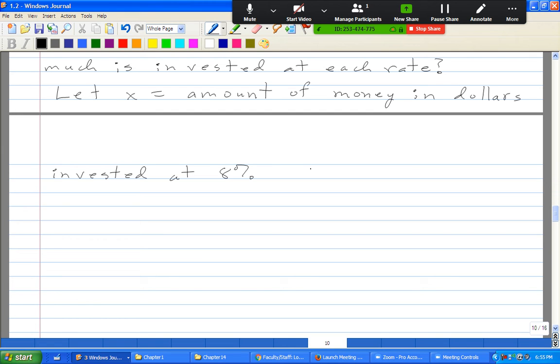Okay, so then we have that the amount invested at 9.5%, which is the total amount that they invested, was $37,000. And well, it's what he didn't invest in the 8% is how much he invested in the 9.5%. And this should be $452.50 more than what he invested at 8%.